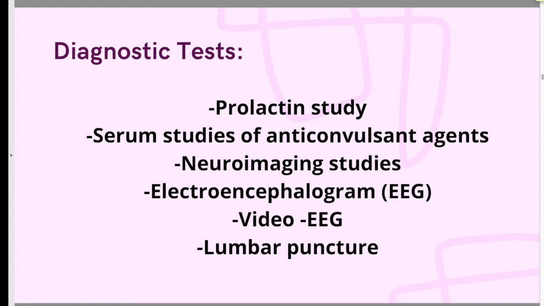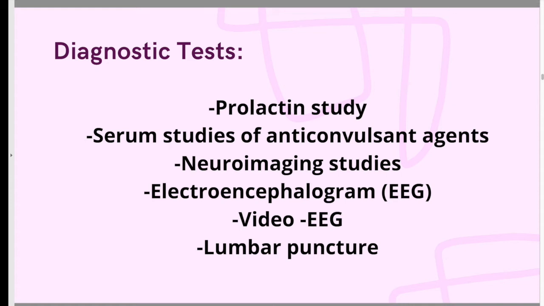Prolactin study: the American Academy of Neurology recommends serum prolactin assays measured in the appropriate clinical setting at 10 to 20 minutes after a suspected event as a useful adjunct for differentiating generalized tonic-clonic or complex partial seizure from psychogenic non-epileptic seizure in adults and older children.